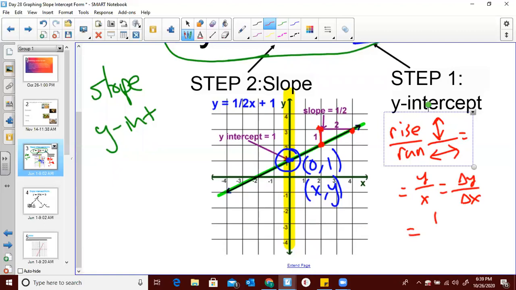And we're going to the right 1 and then 2, so our change in x is 2. And that's why our slope is 1/2. And then we're also able to point out that our y-intercept is positive 1, which you can see here. And do not forget about that sign.